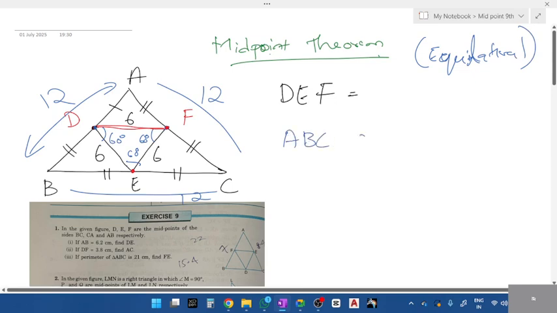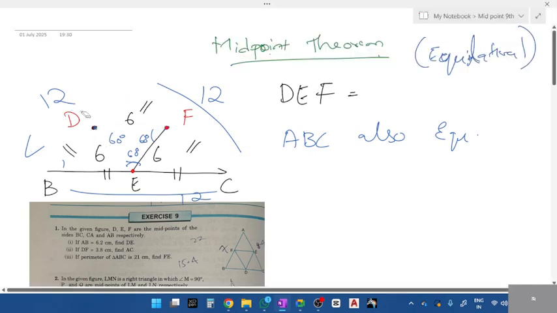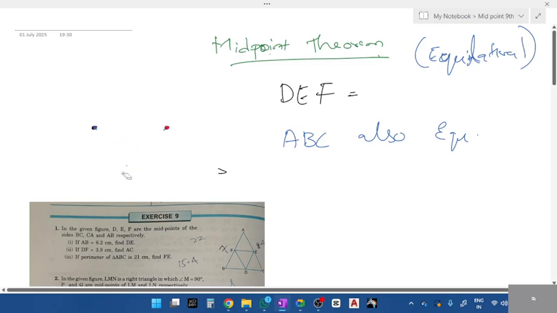ABC also will be an equilateral triangle. Both will be equal. Isosceles and scalene are different. Equilateral is a special type of triangle. And what about their angles? Angles also will be the same, 60 degrees and 60 degrees. So that's it. These are the topics. We'll start solving the first question. Look at the first one.